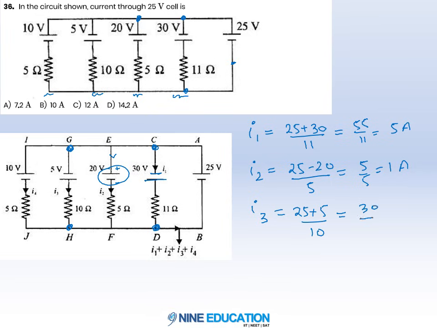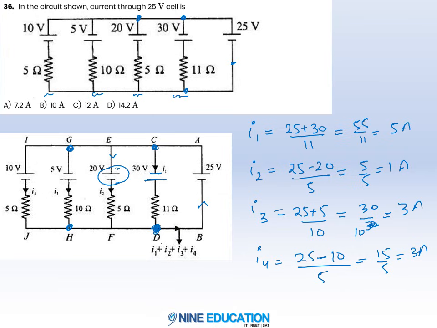So 30 upon 10, 3 ampere. I4 similarly becomes 25 minus 10, this is the opposite polarity, upon 5, so it will give you 15 by 5, which is 3.